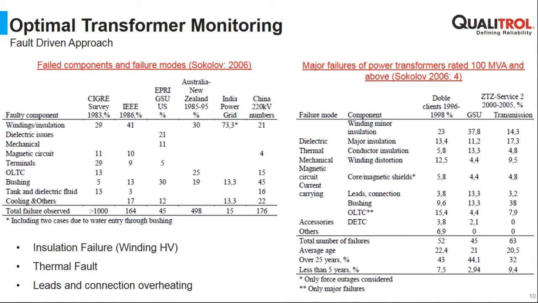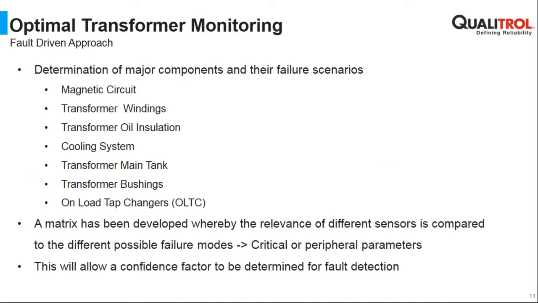Based on that, we came up with a matrix, and that matrix defines the fault types for each major component of transformers, and the parameters that need to be monitored for detecting that fault type. You have seen some of these examples in our webinar promotions.